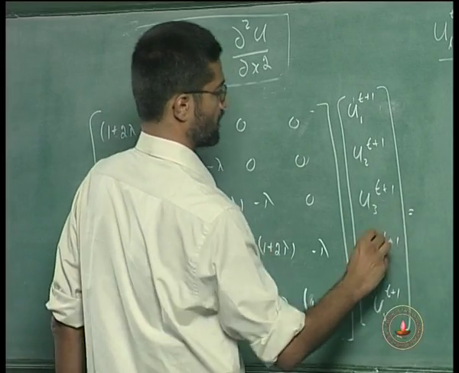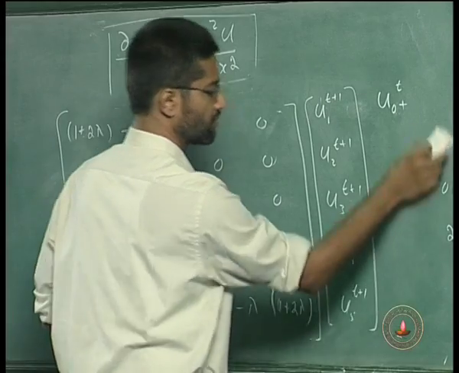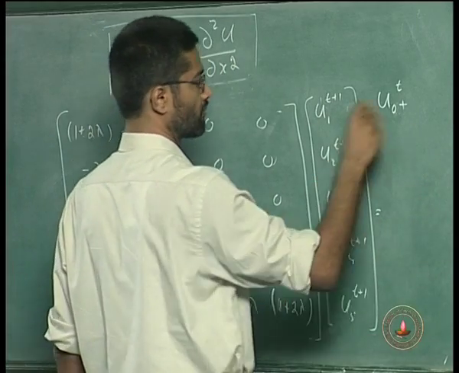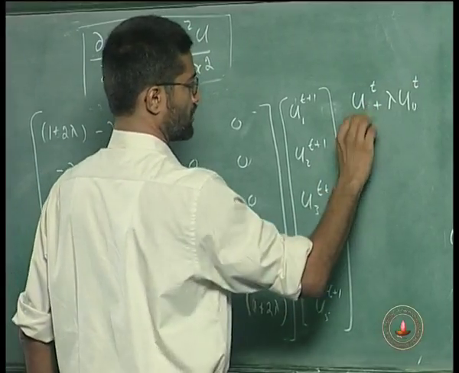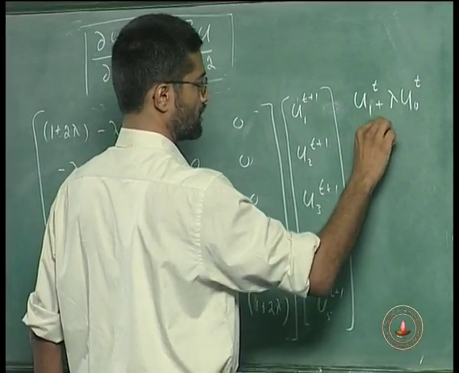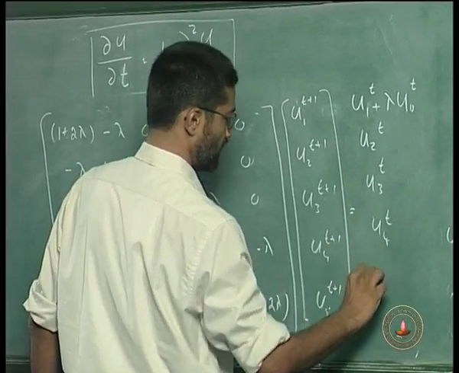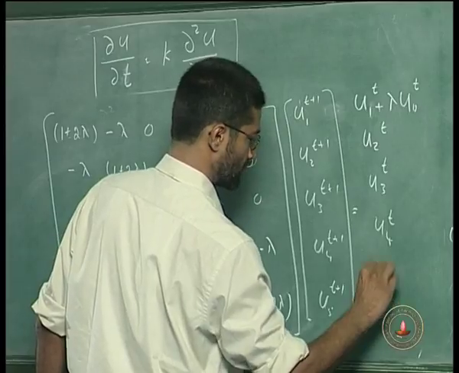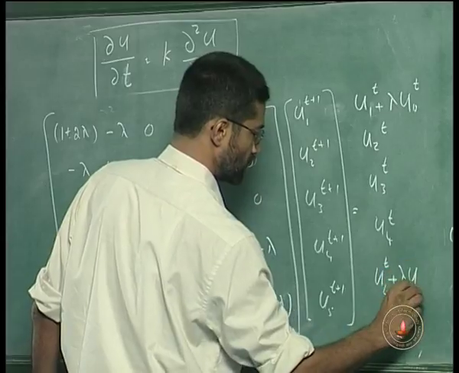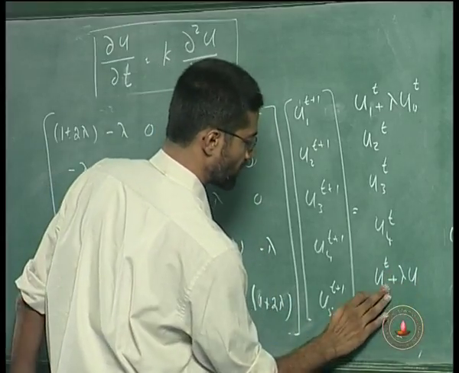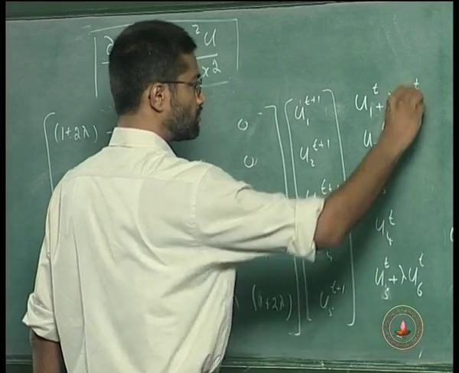So our matrix equation now is u1 at time t plus lambda u0 at time t, u2 at time t, u3 at time t, u4 at time t, and u4 at time t plus lambda times u5 at time t.